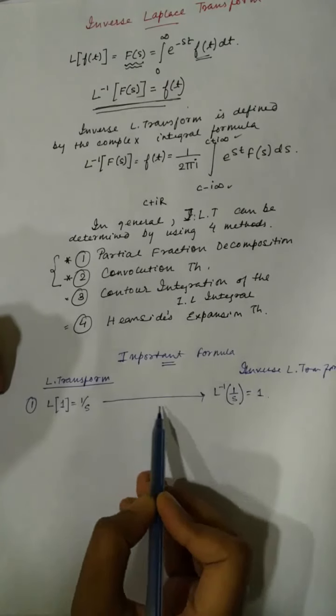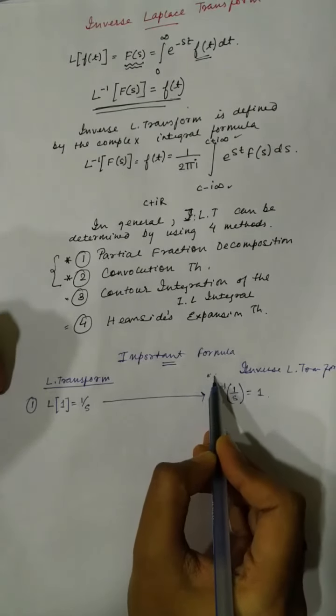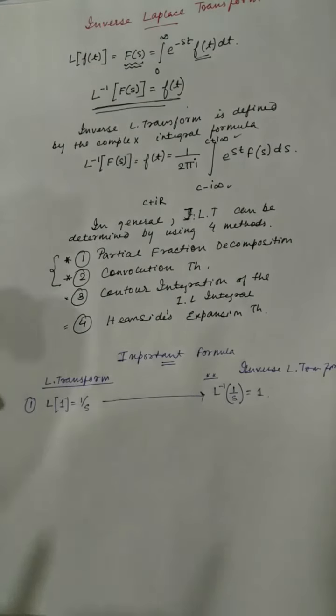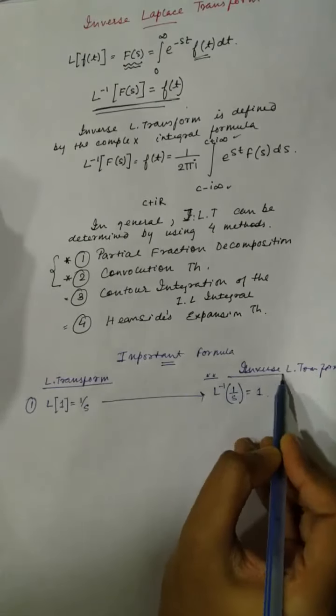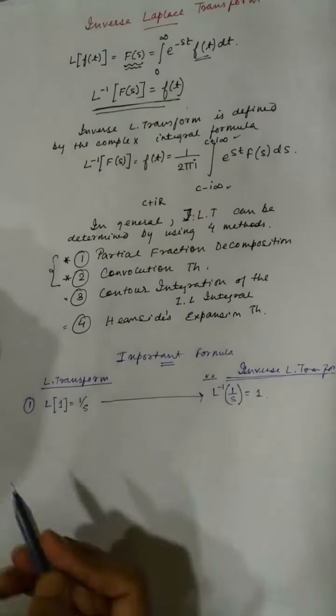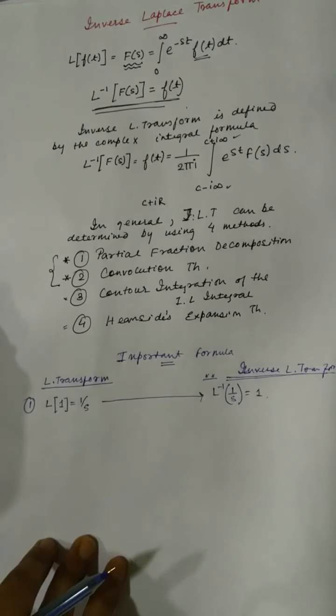So we will consider that we know the inverse Laplace as well. We will take these equations as formulas and we will apply them to bigger functions to find out the inverse Laplace transform, right? So these are the important formulas that we will be writing for inverse Laplace transform, okay? Laplace transform of 1 is 1 by s, so inverse Laplace of 1 by s is 1.